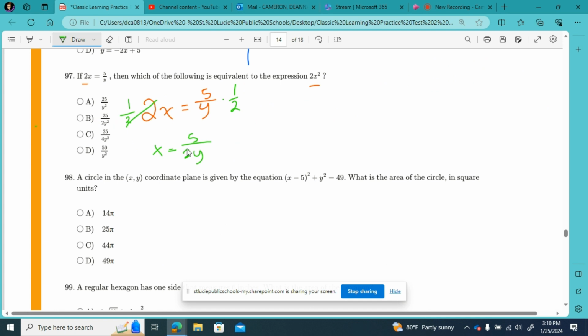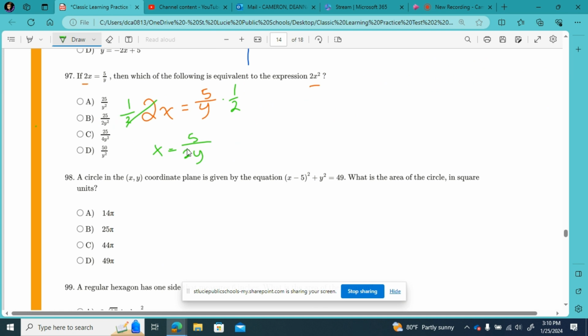And now that I know what x is, I can find 2 times this and square it.